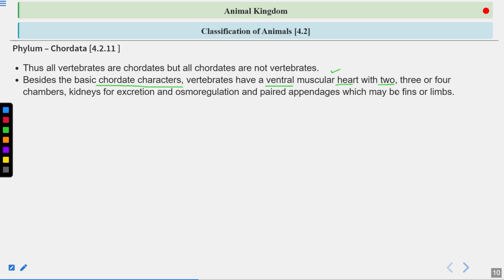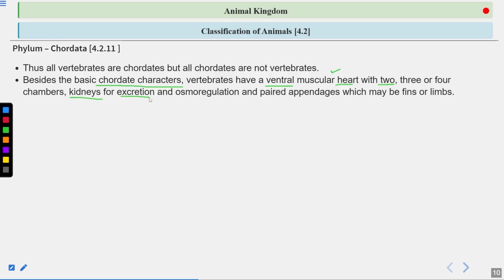Right? So here you can see the heart could be 2-chambered, 3-chambered, 4-chambered, depending upon the type of phylum you are talking about. It depends on that. Also, the kidney is the organ concerned with the process of excretion, that is the removal of the nitrogenous waste from the body.